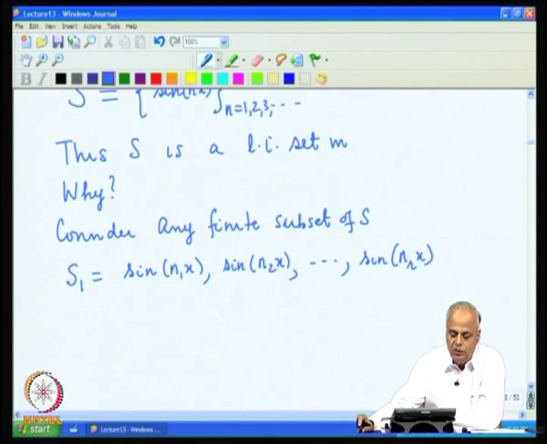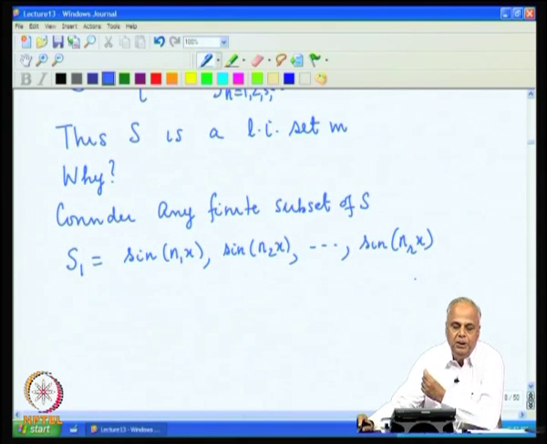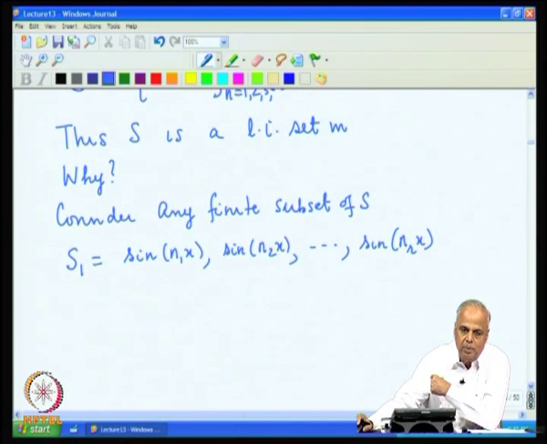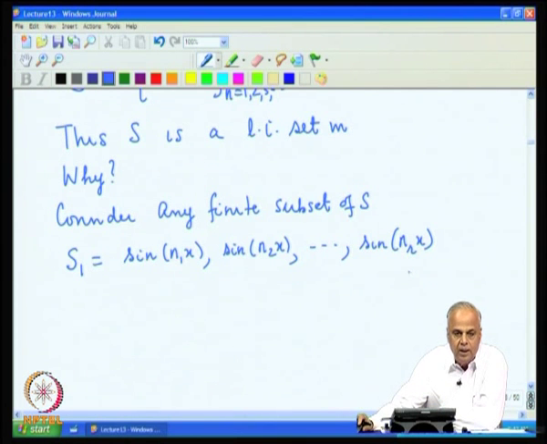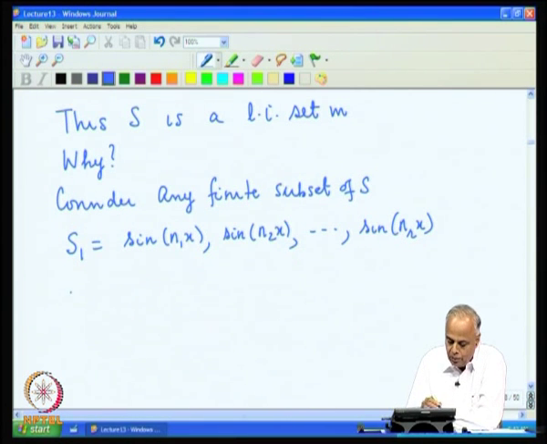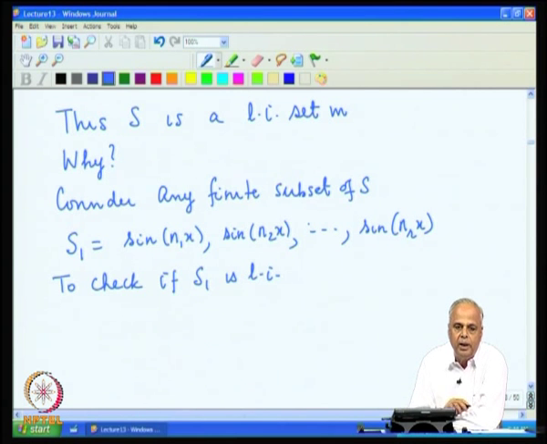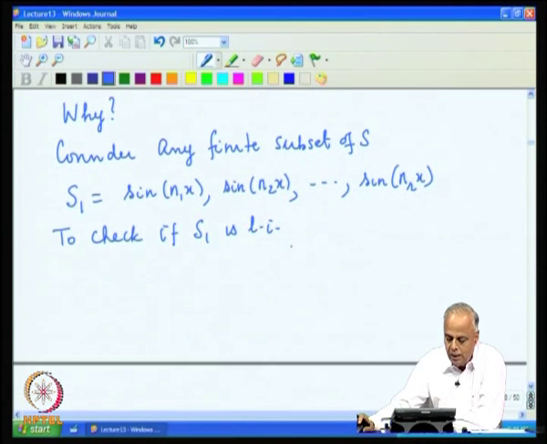So, take any such finite subset. If we show that S1 is linearly independent, then we would have shown that any finite subset is linearly independent, and hence we would get S is linearly independent. So, to check if S1 is linearly independent, that is our main task. Take an arbitrary finite set and verify whether it is linearly independent.